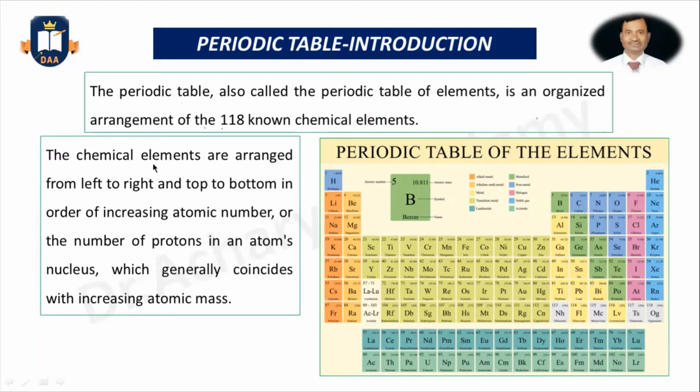And these chemical elements are arranged according to the number of protons in an atom's nucleus, which generally coincides with increasing atomic mass.